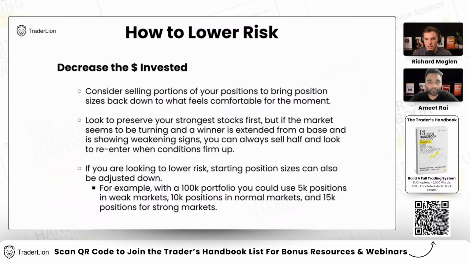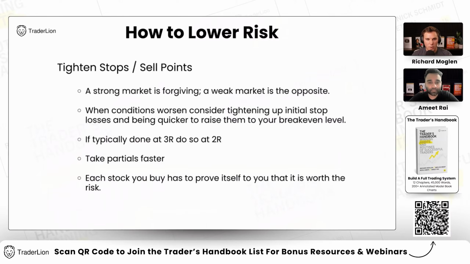And then in the best environments, when you're getting great market feedback, 5 out of the last 5 stocks have really worked, things are still setting up and really firming up, you could then use a 15K starter position. So you can adjust risk up and down based on the market environment. And we'll get into a little bit more of that later on in today's webinar.